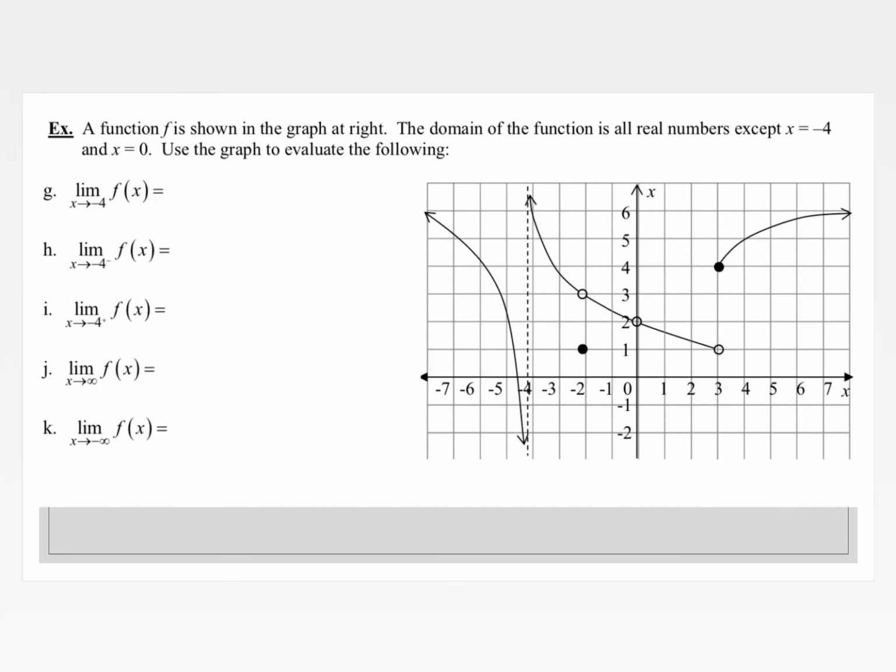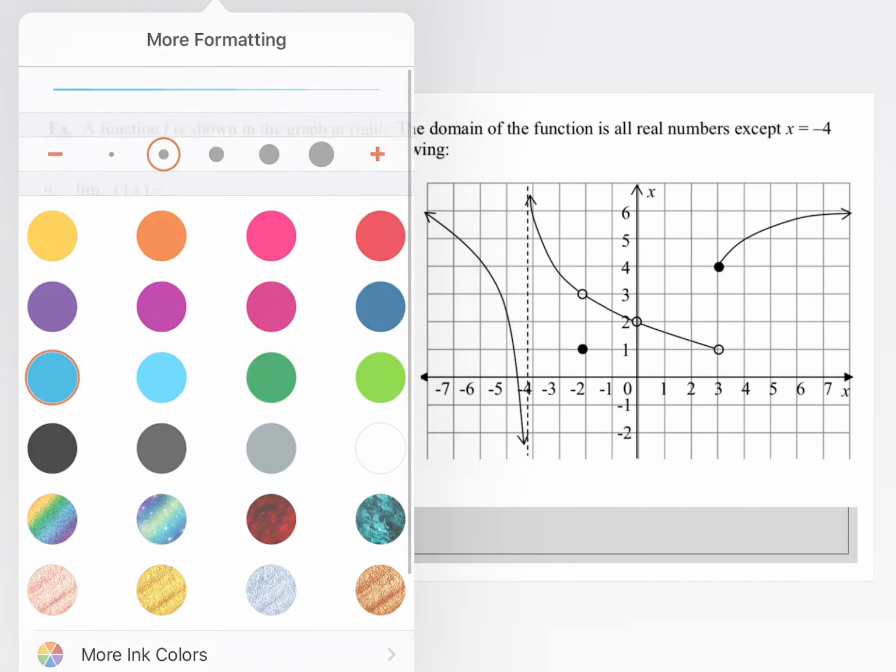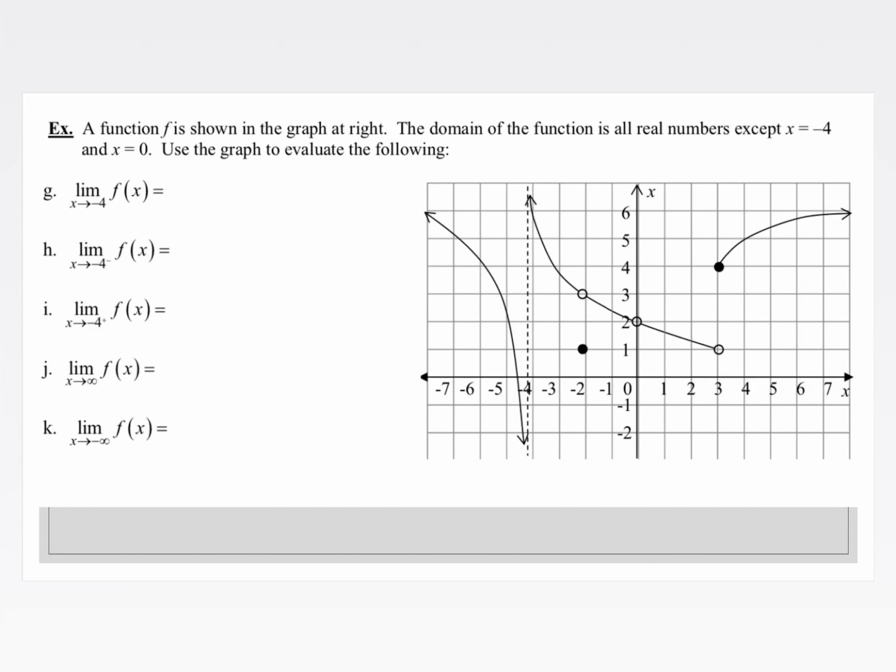Let's look at another example here. The limit as x approaches negative 4 of f of x. So if we look on our graph at negative 4, here it's going in two different directions. So one way we're going down, but another way we're going up. So on the left-hand side of the limit, we go down to negative infinity. On the right-hand side, we go up to positive infinity.